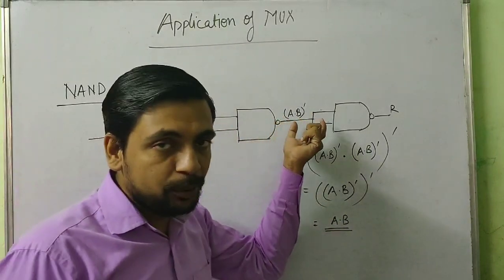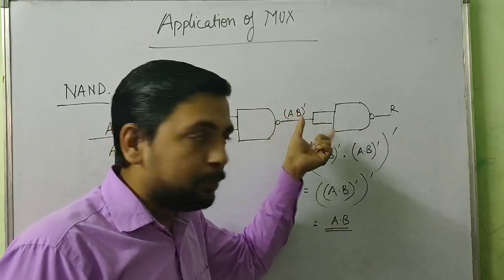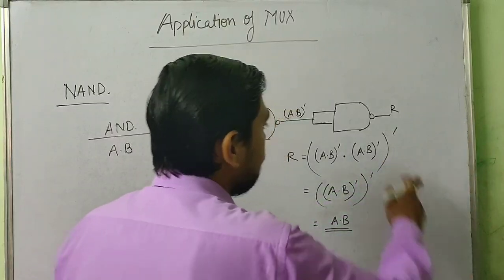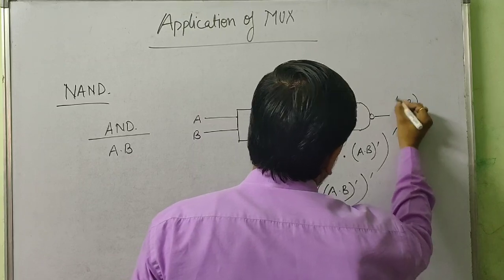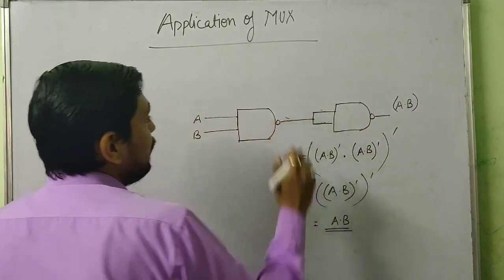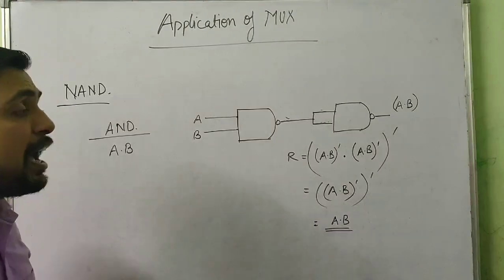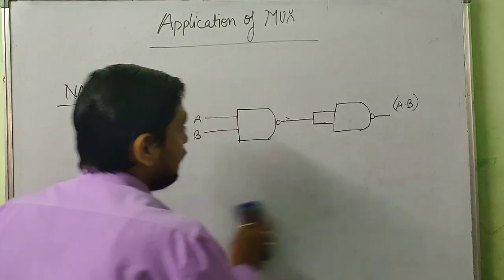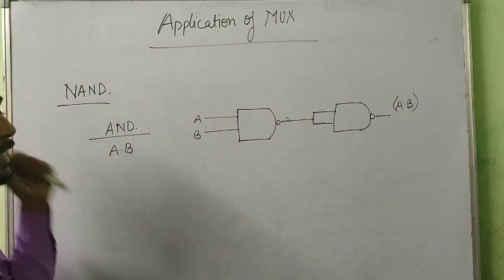The input that we get for a NOT, we divide into two inputs of the NAND gate and we get a NOT there. So the final output R will be A and B. So if you use a NAND gate, you can get the output of an AND gate if you make the circuit like this. So this is getting the output of an AND gate using NAND gates.